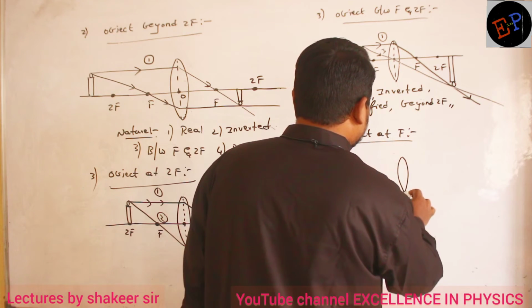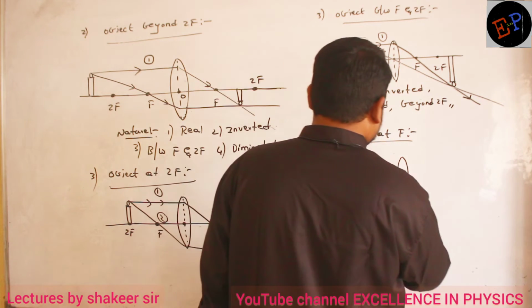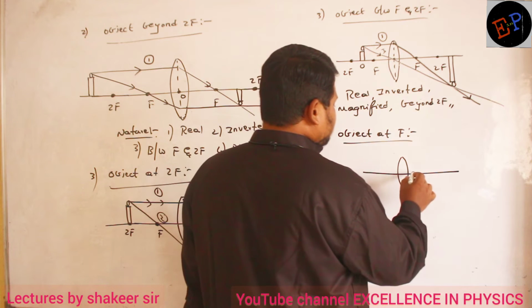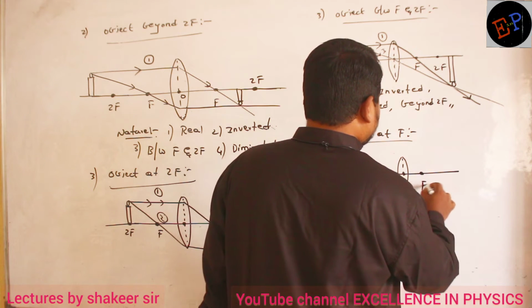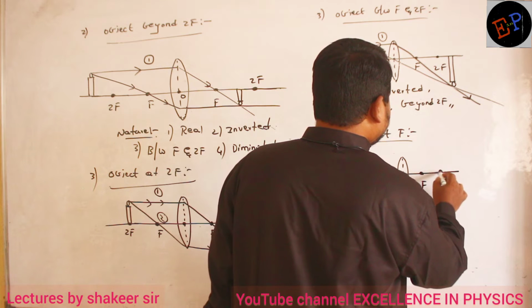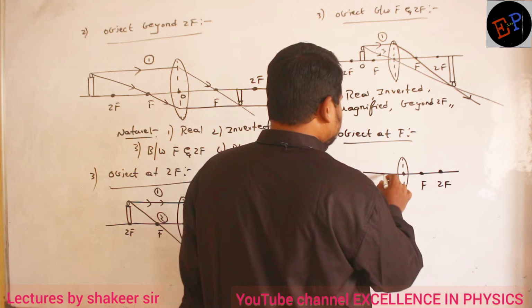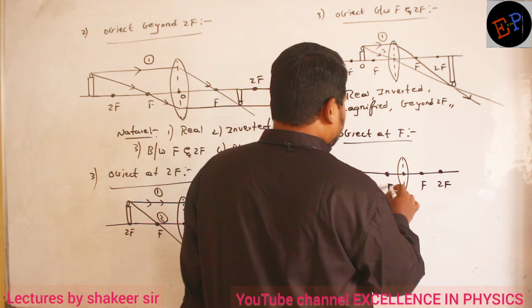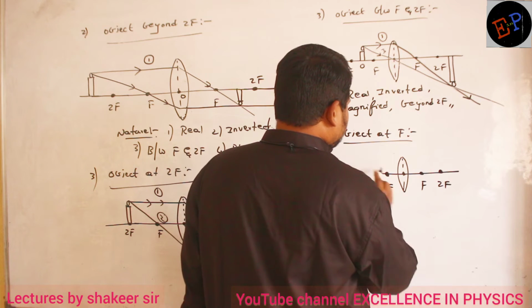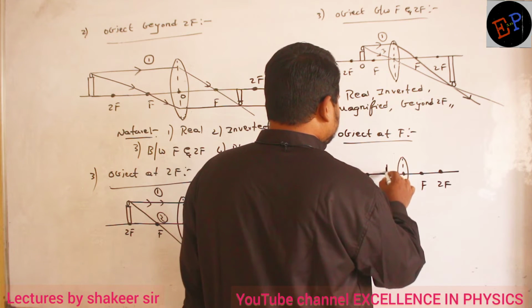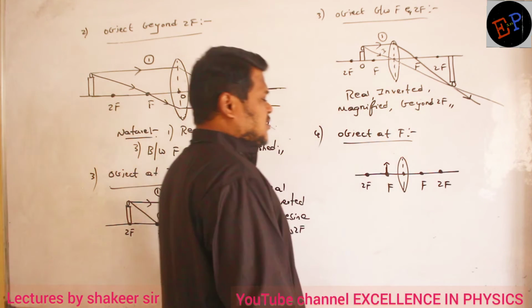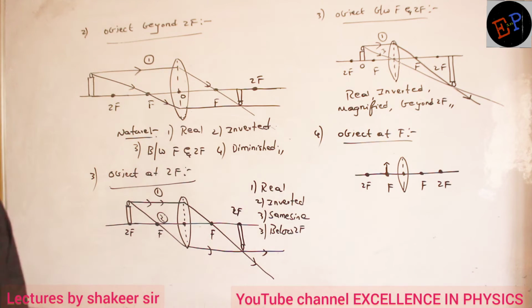So this is a lens. This is the optical center, this is f, and this is 2f. Here also I have f, and this one is 2f. So the object is here. This is the object.